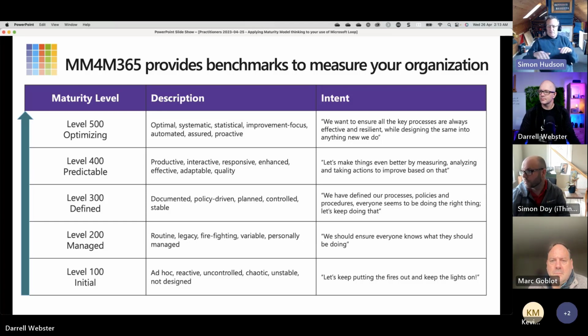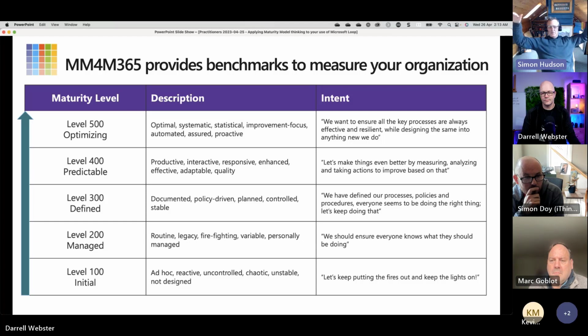And usually that stable level is somewhere around level 300, and you pass through level 200 where you're trying to do all the right things, but some of the things that you're trying to do don't work, and some of the people you want to do the right things aren't doing them. And when you get to level 300, mostly you've got a good, solid, stable organization with good, solid processes. They're not world changing, but they're fit for purpose.